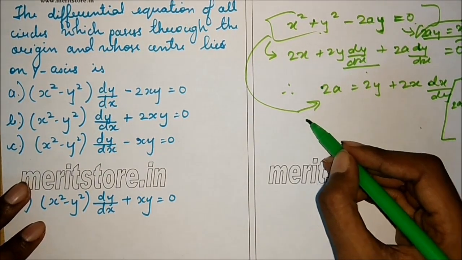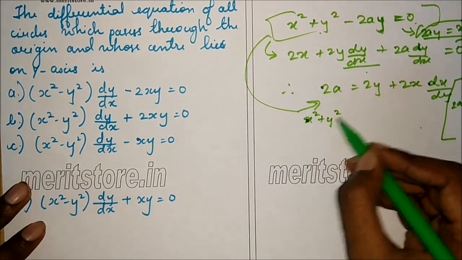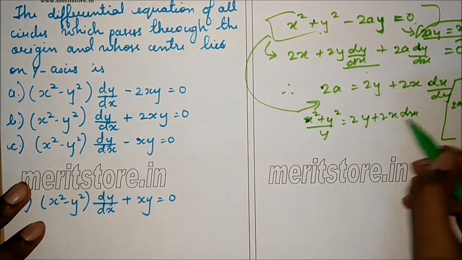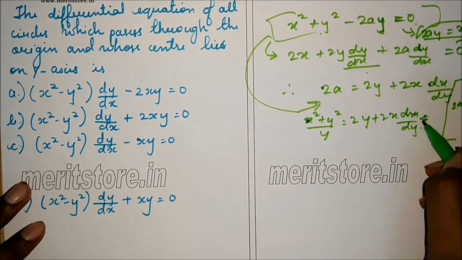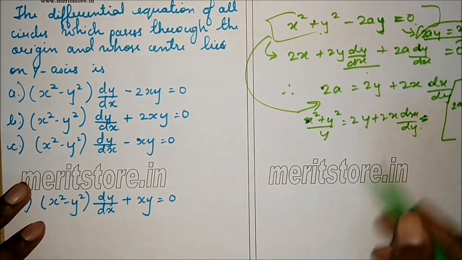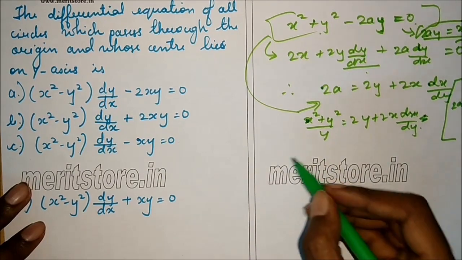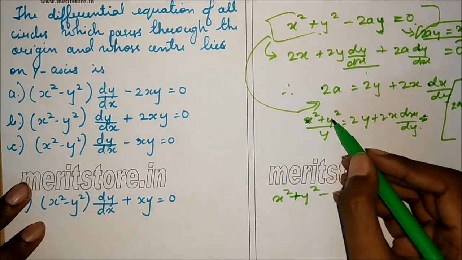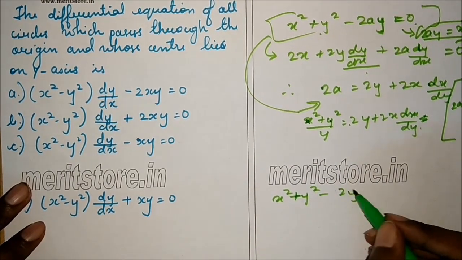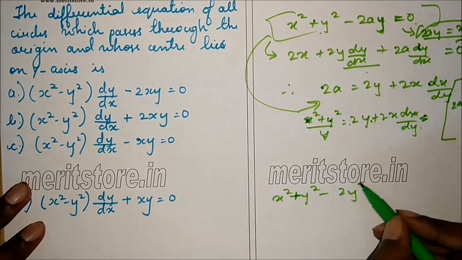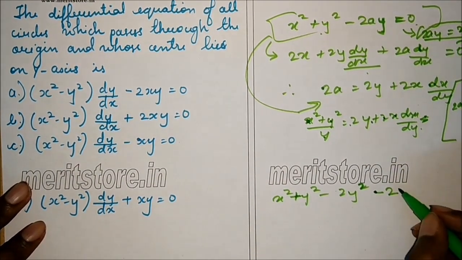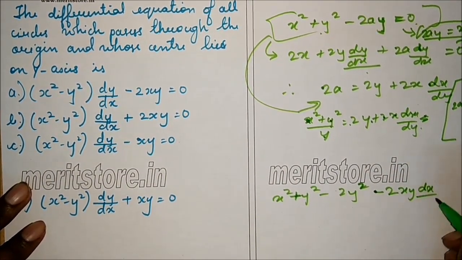So this will be x square plus y square by y equals 2y plus 2x dx by dy. So taking all the terms on one side and multiplying throughout by y, we'll get x square plus y square minus 2y into y, that is 2y square, minus 2x into y dx by dy. This will be equal to 0.